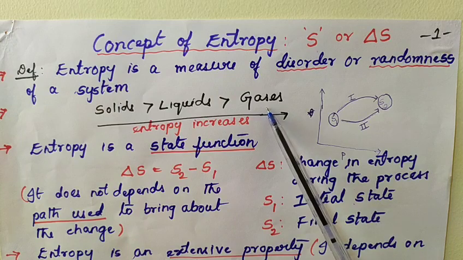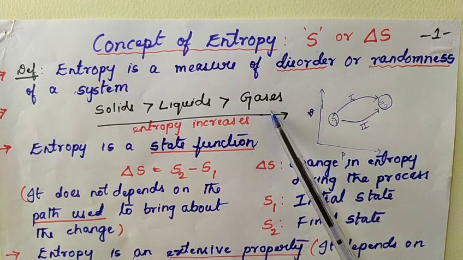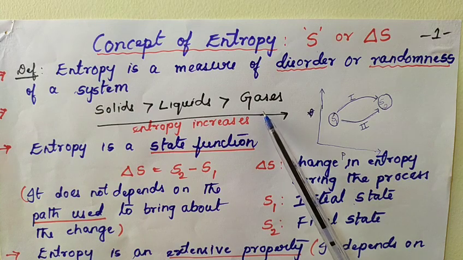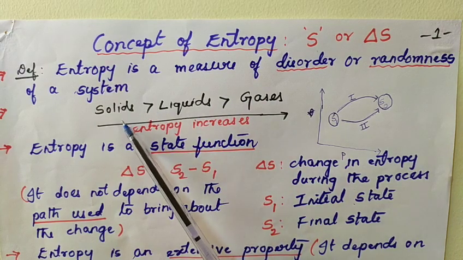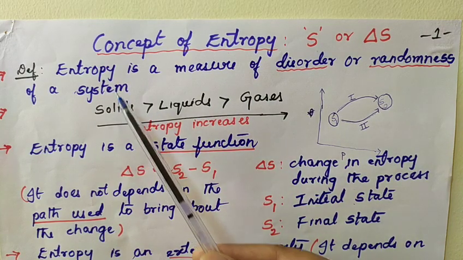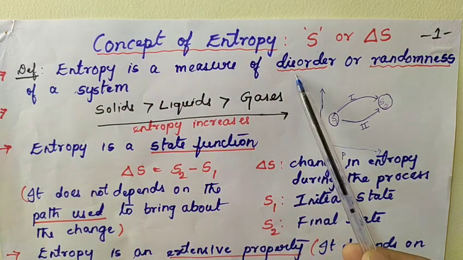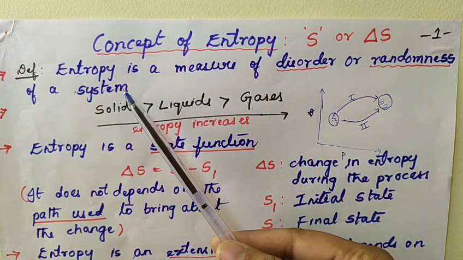In gases, the molecules move in all directions. If the question is asked, where exactly is the randomness more? Definitely it is gases. The randomness is more in gases, then liquids, and the least is solids. So entropy is a measure of disorder or randomness of the system.